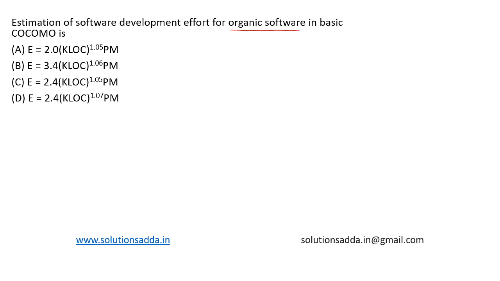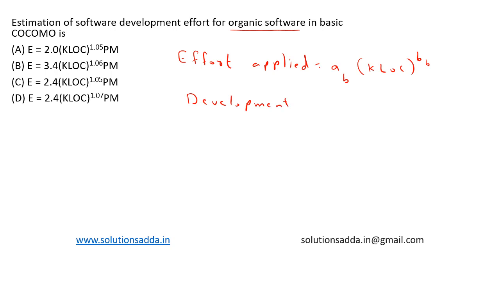The first formula is effort applied is equal to AB into K log BB, and development time is equal to CB into effort applied to the power of DB, in months.